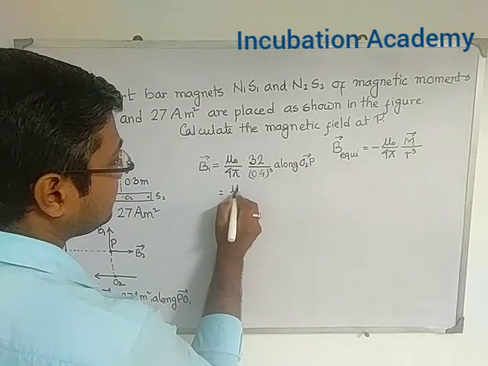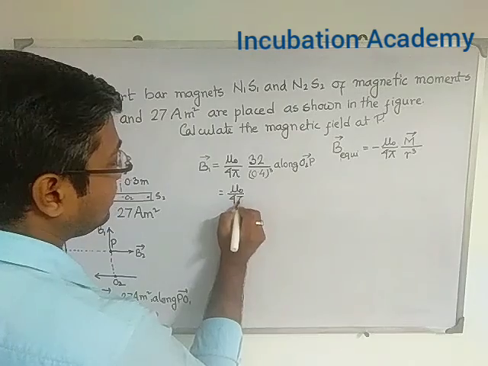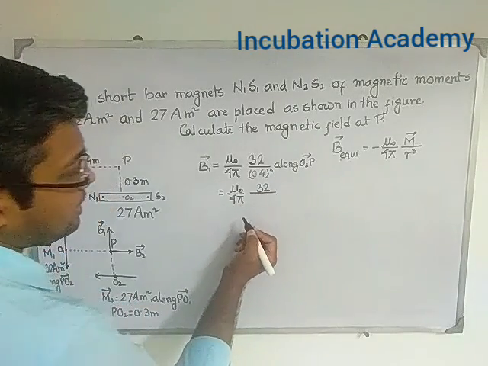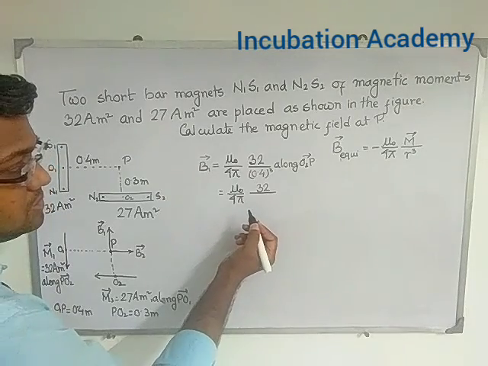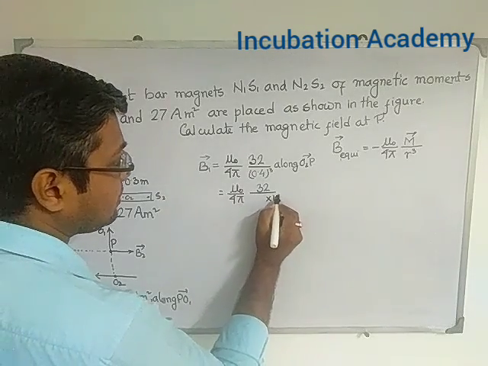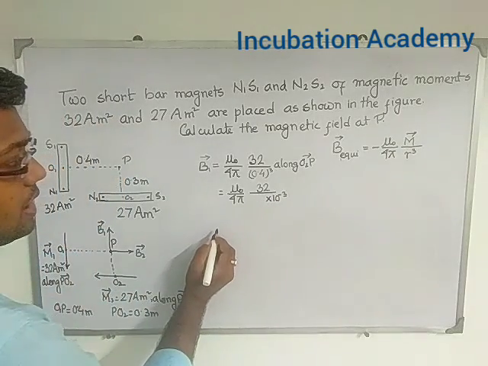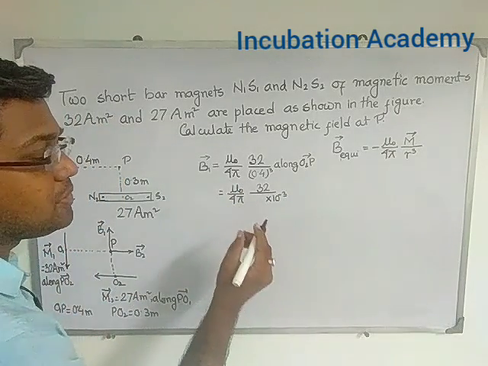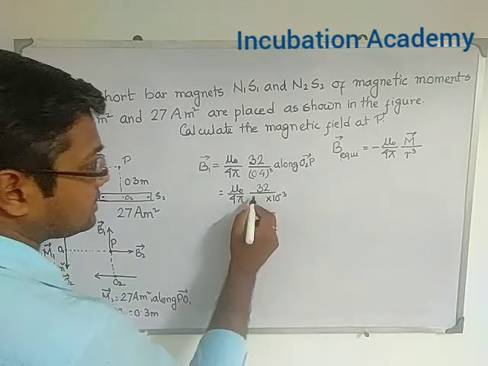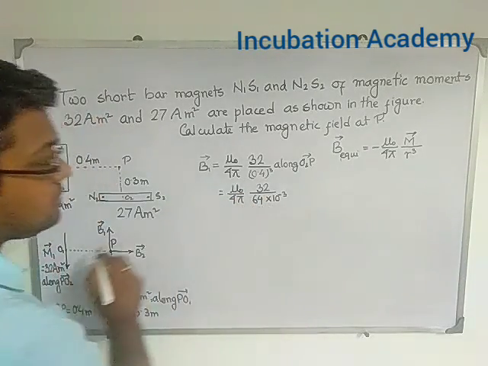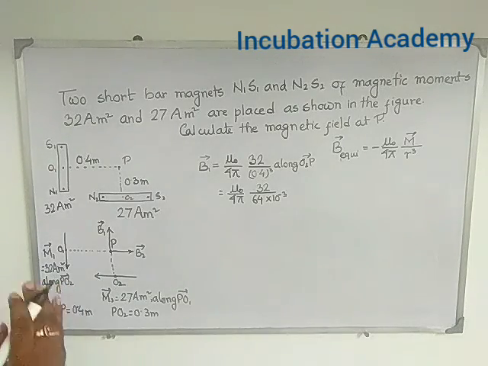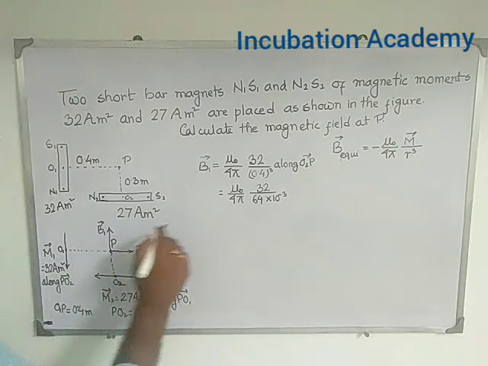So this is mu naught divided by 4 pi, 32 over 0.4 cube, that is 4 cube into 10 to the power minus 3, and 4 into 4 is 16, 16 into 4 is 64.